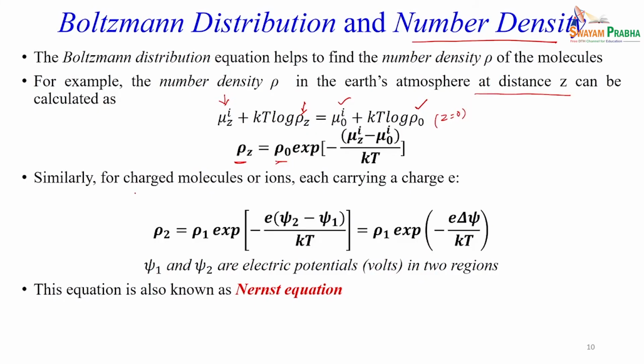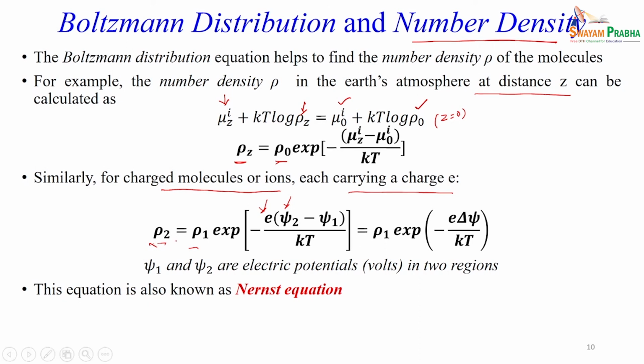Like potential energy, if there are charged molecules, they are carrying the charge e. In this case, apart from number density, it will now be the charge density. rho 2 is equal to rho 1 e to the power, now here the potential will be the charge e times psi, where psi is the electric potential.